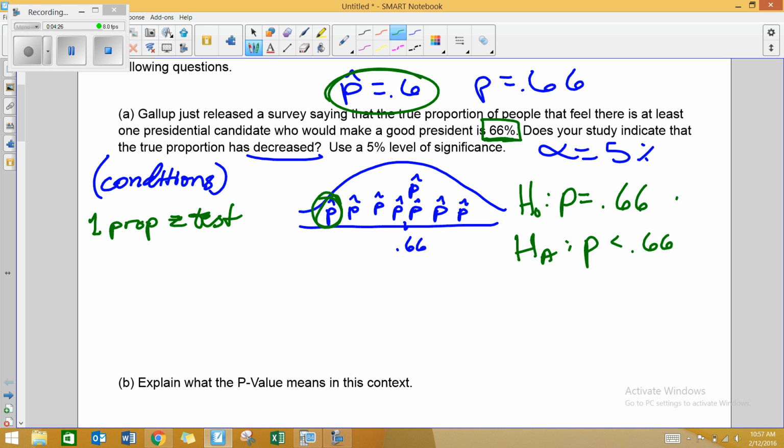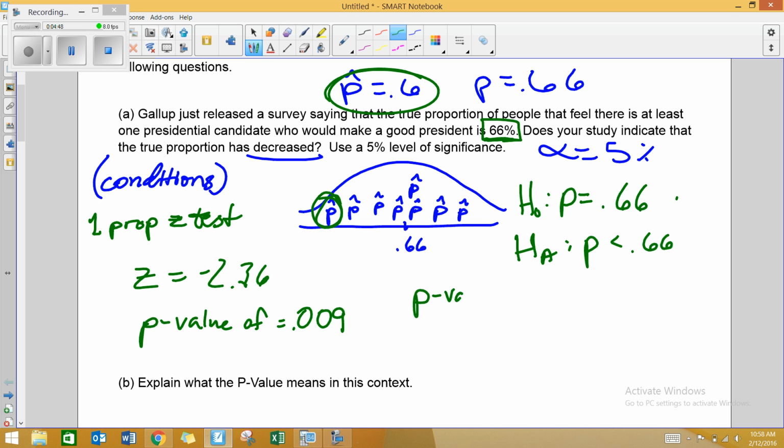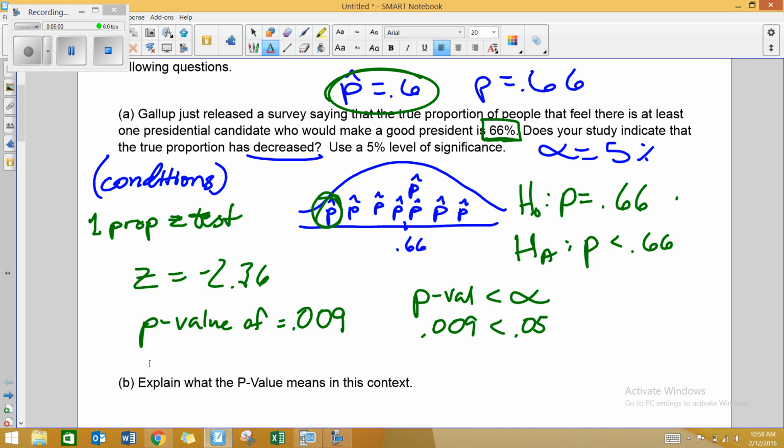Okay, well, since we get a z-score of negative 2.36 and a p-value of 0.009, the p-value is less than alpha, right? 0.009 is less than 0.05. So the P is low, we will reject the H0.